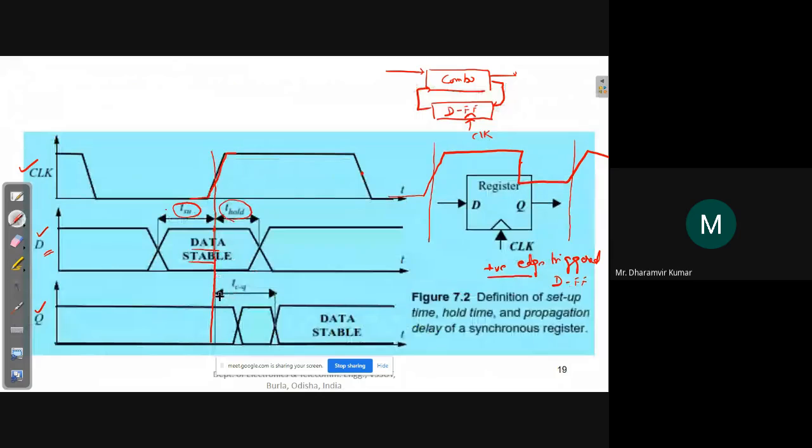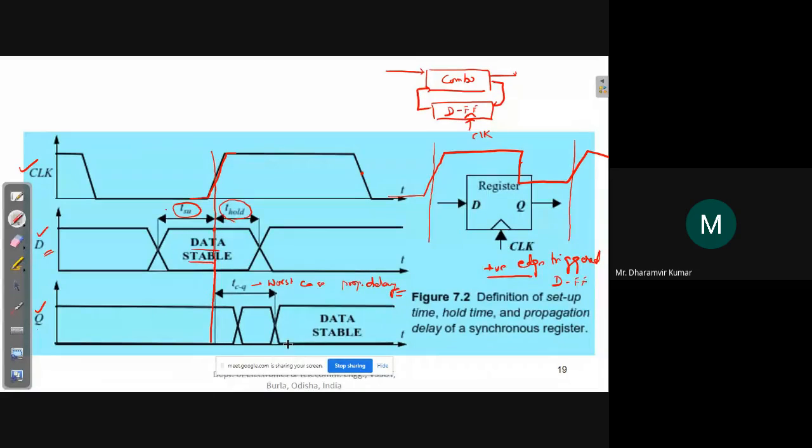TCQ was the worst case propagation delay, after which the data from the input is transferred to the output Q. Since this is a D flip flop, the D input is getting transferred to the Q output, the same, without any changes, after a certain propagation delay called TCQ, which is the worst case propagation delay.